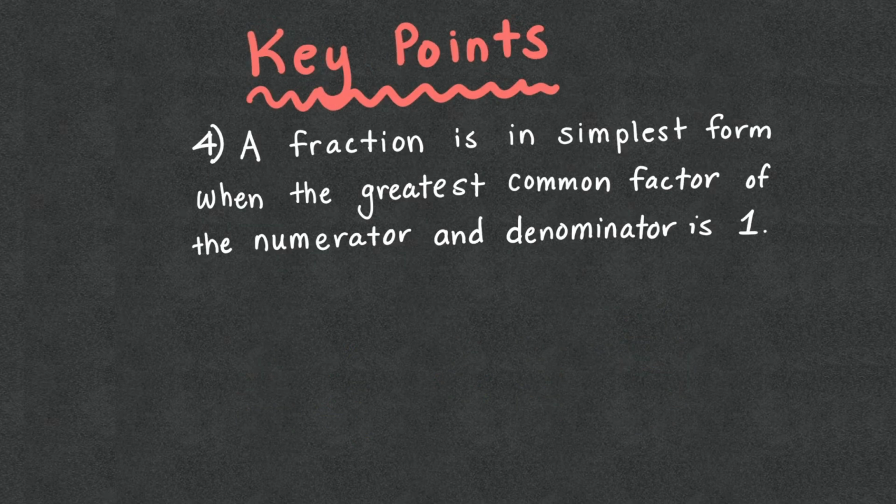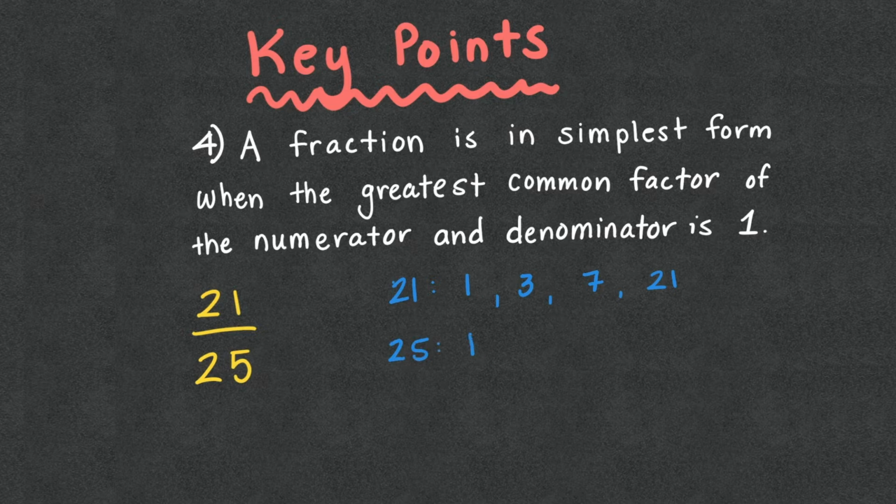A fraction is in simplest form when the greatest common factor of the numerator and denominator is 1. So let's look at how I knew before that 21/25 was in simplest form. If we look at the factors of 21, that's 1 times 21, and I'm going to show you this method shortly, and you have 3 times 7.